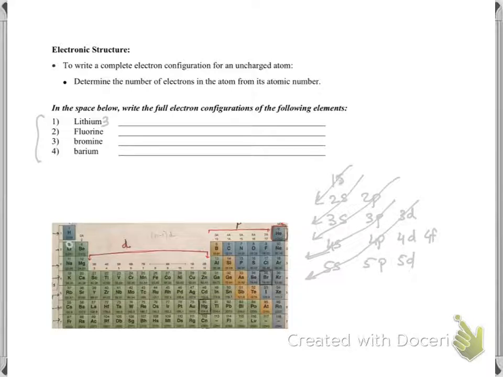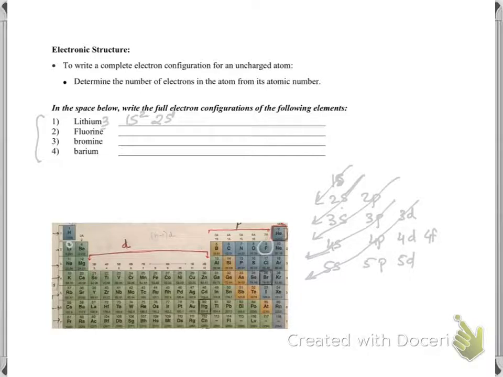How many maximum electrons can you put in the sublevel with letter s? 2. So 1s2. Once this is complete, then you follow the next arrow, 2s. But we have a total of 3 electrons, so only 1 is left here. So 1s2, 2s1.